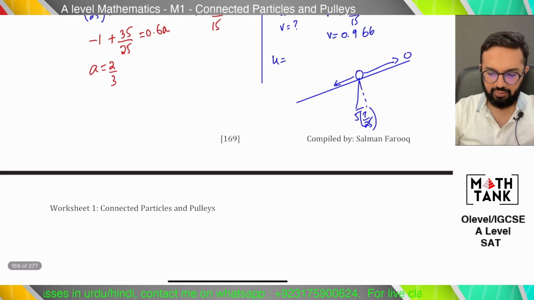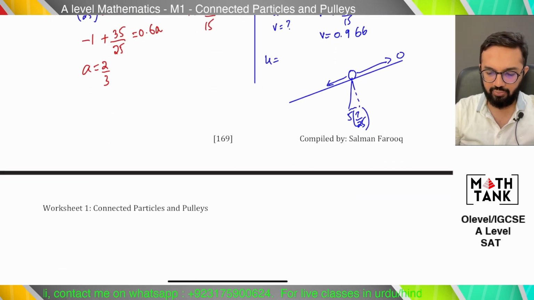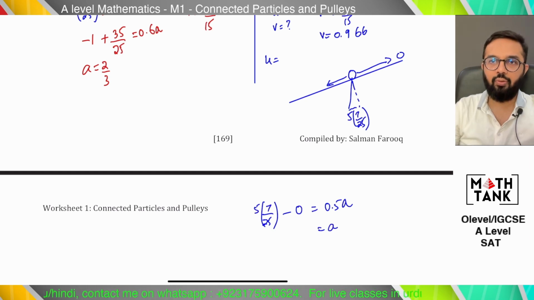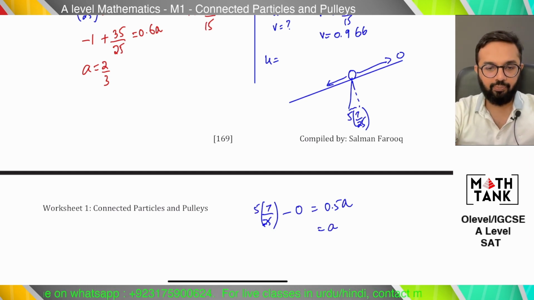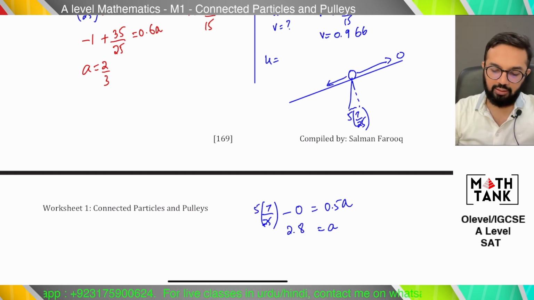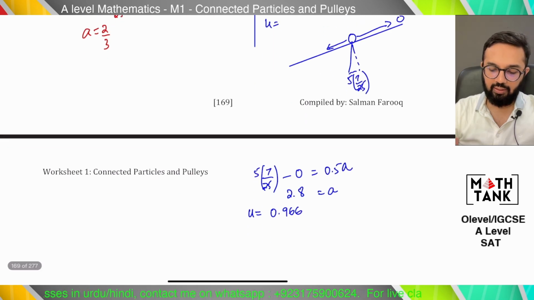So 5 times 7 over 25 minus 0 equals 0.5a. So acceleration is 2.8. It started off with a velocity of 0.966. It's accelerating at 2.8.